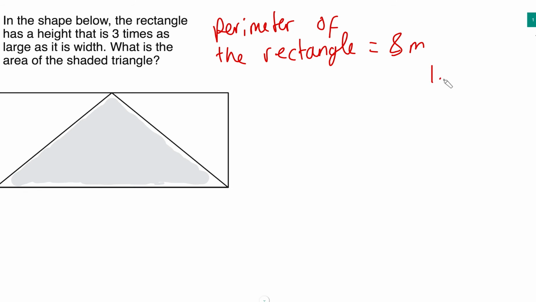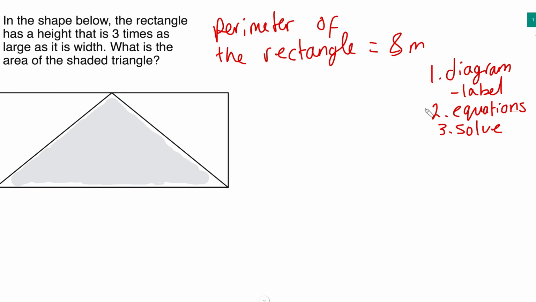Our normal approach is step 1, diagram. In the diagram, you want to label as much as possible. Step 2, equations. Step 3 is solve. So, in the diagram, have we got any labels? No. So we're going to add labels. So it tells you that the rectangle has a height that is 3 times as large as its width.